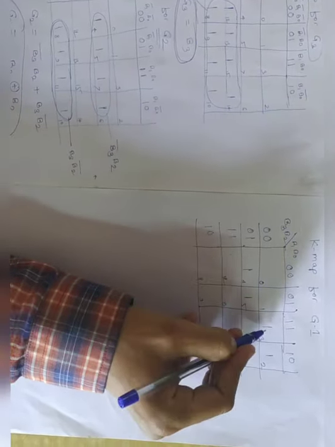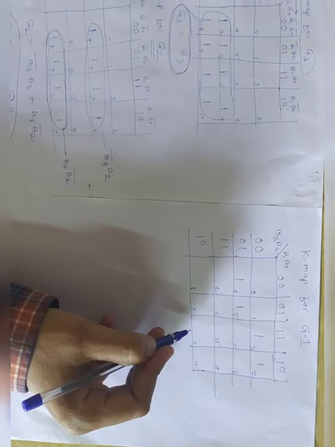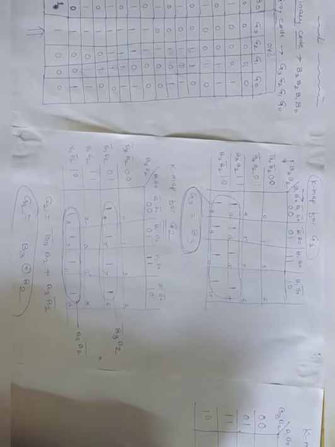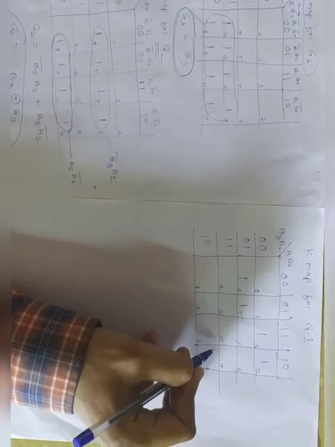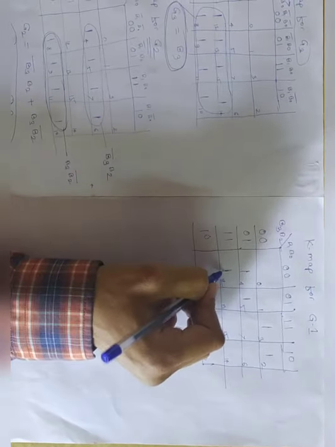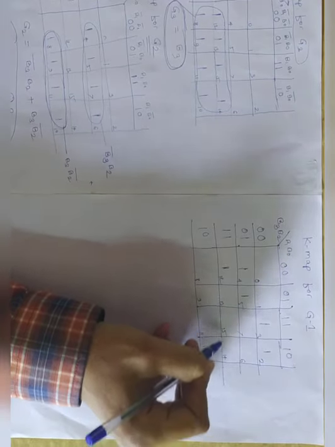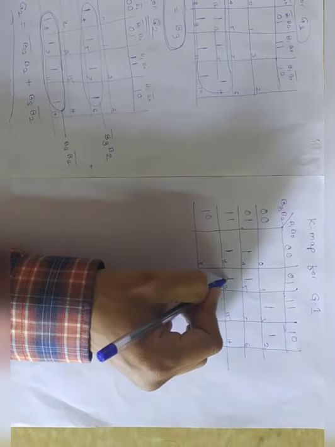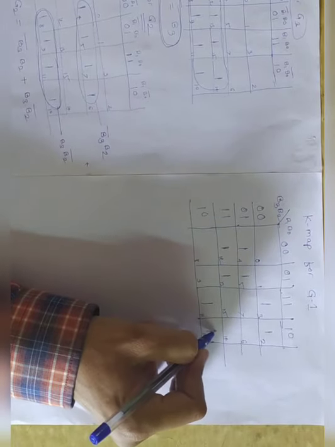I'm putting these 4 ones. Now I want to put these ones here: 10, 11, 12, 13. Where is 12? Yes, look at it. So 10, 11, 12, and 13. I'm placing all the ones.